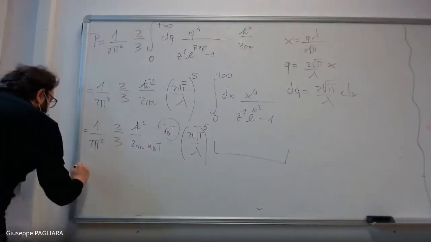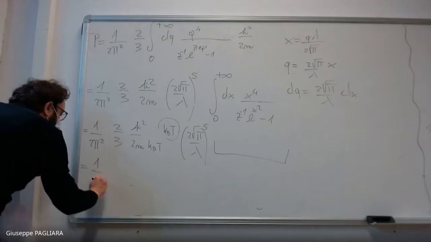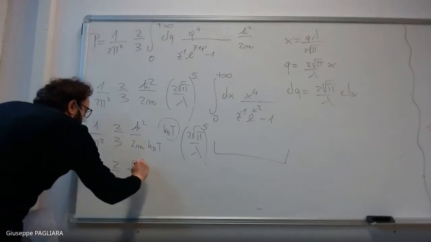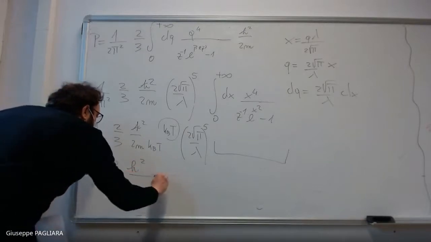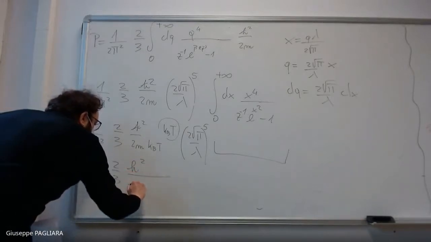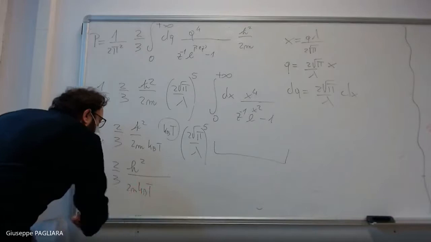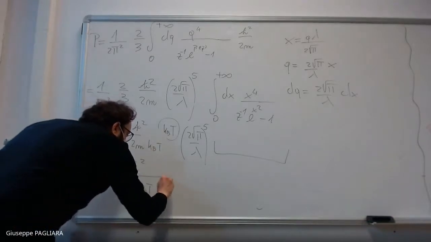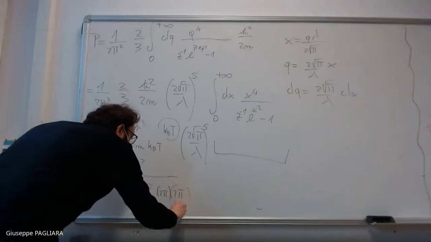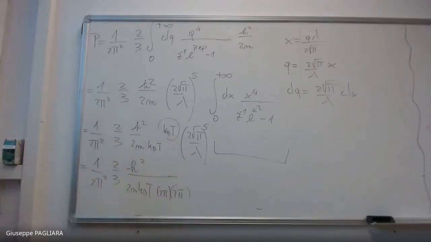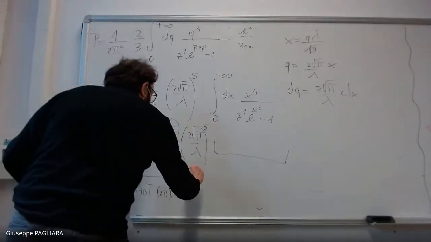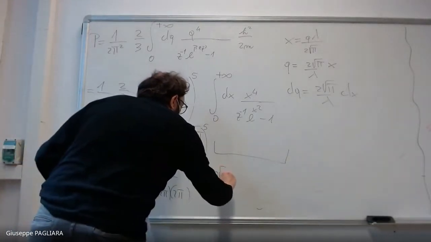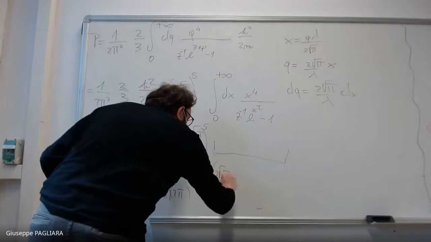Okay, so this 1 divided by 2 pi squared, 2/3, and then I have h squared divided by 2m kBT, and then I have 2 pi and another 2 pi. Then I have kBT. Then I have a 2 square root of pi divided by lambda to the power of 5.